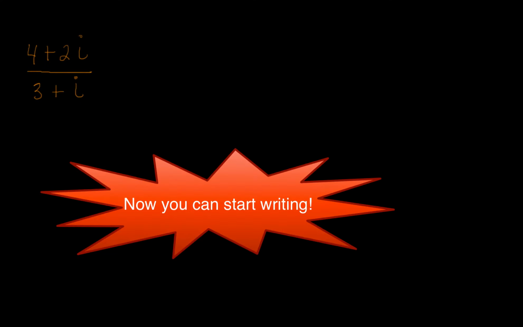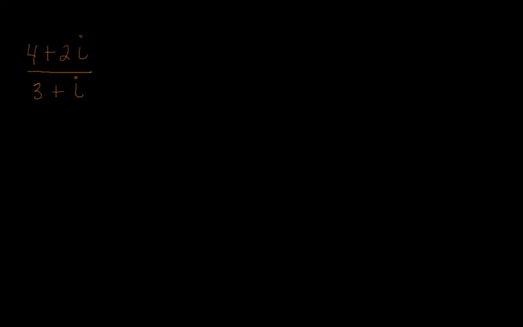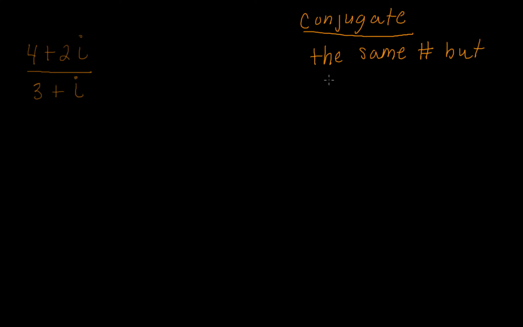In a case like this, we multiply by what is called the complex conjugate. A conjugate is just the same number, but with the opposite sign in the middle.